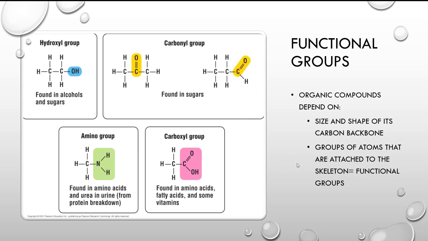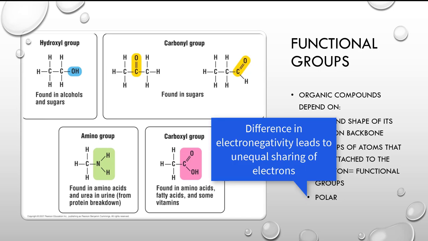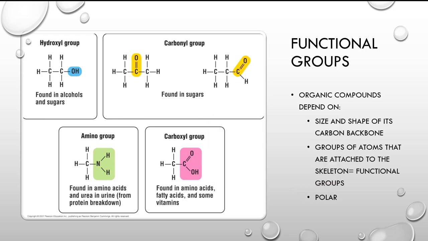And when we're talking about each one of these functional groups, they tend to be polar. So if you recall, what does polar mean? Okay, they mean that we have that difference in electronegativity, and so because of that, we have one particular atom within the molecule kind of holding on to the electrons more than the other atoms attached, and so they have kind of an electronegative gradient forming.